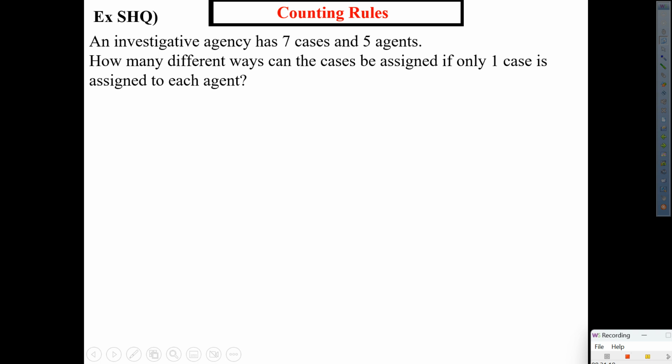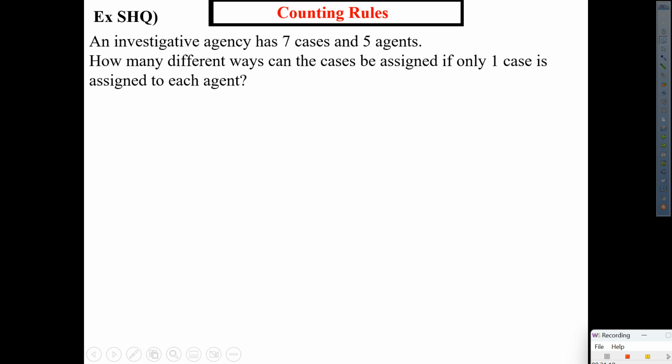Last one. An investigative agency has 7 cases and 5 agents. How many different ways can the cases be assigned if only one case is assigned to each agent? Tell your neighbor which rule to use on this one. Imagine you're the one that's assigning the cases.